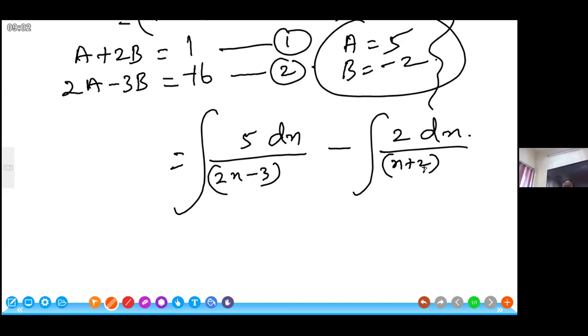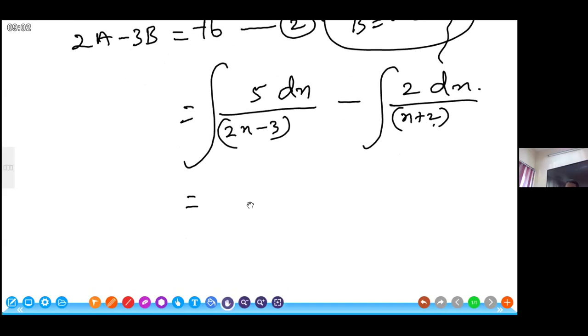How to take this? Here, if you differentiate 2x minus 3, the answer is 2, but here we have 5.